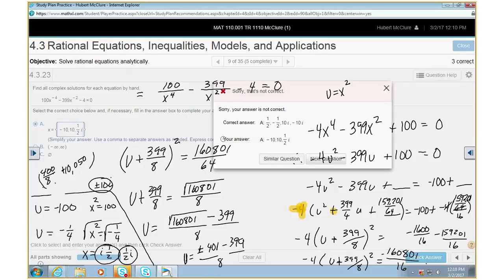So that would be 2 over 4, or 2 over 8, or whatever it came out to be. I can't think right now. Oh, x squared is equal to 1/4, and positive or negative 1/2. There we go. Sorry about that, at least I found it.